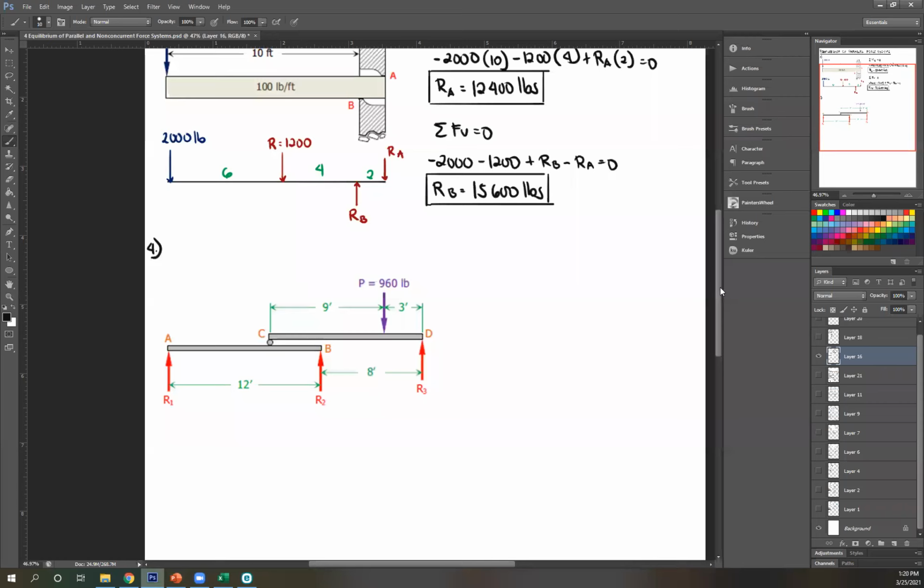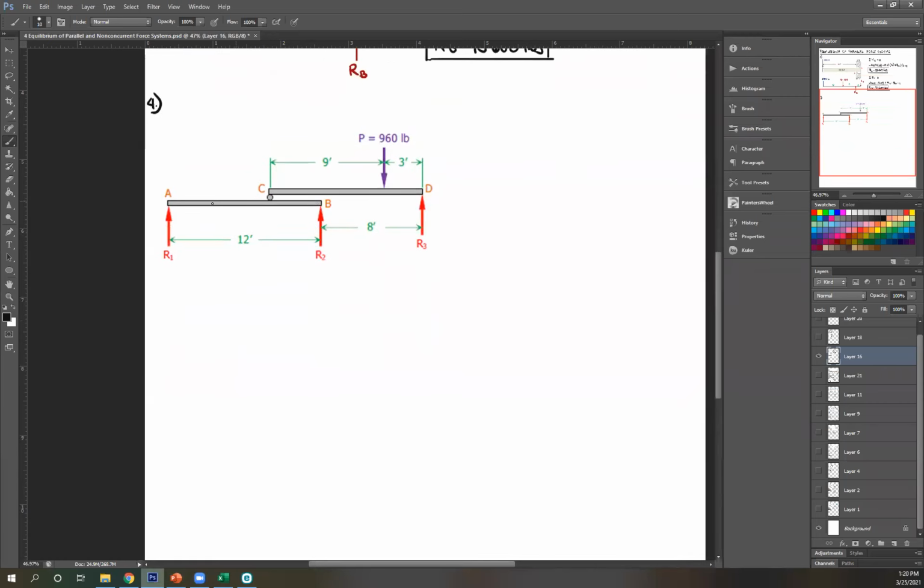So what does that mean? So basically, I want to move AB, this beam right here, horizontally in such a way that R1, R2, and R3 will be equal in magnitude, and I'm going to move P as well to make that happen. And then the question is, what will be the distance between R2 and R3, and what will be the distance of P from D after moving everything?